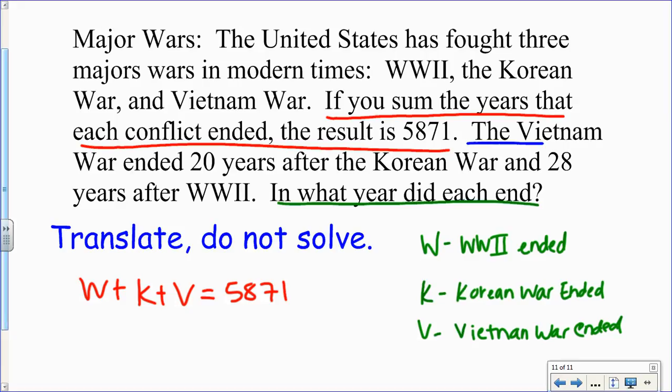The Vietnam War ended 20 years after the Korean War. Okay? So, which one has more years? Vietnam, right? So, I want to make an equal statement. So, if I wanted V to be equal to K, Vietnam has 20 more years, so I'm going to subtract.